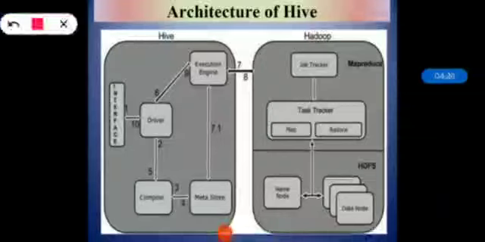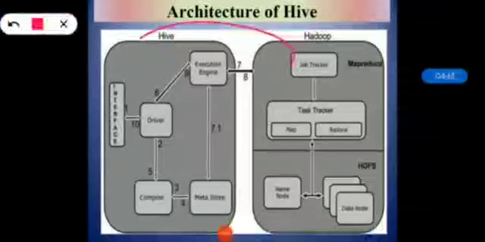Now we can see how Hive interacts with the Hadoop framework. First, execute the query. The Hive interface, such as the command line or web UI, sends the query to the driver to execute. Then in get plan, the driver takes the help of the query compiler.